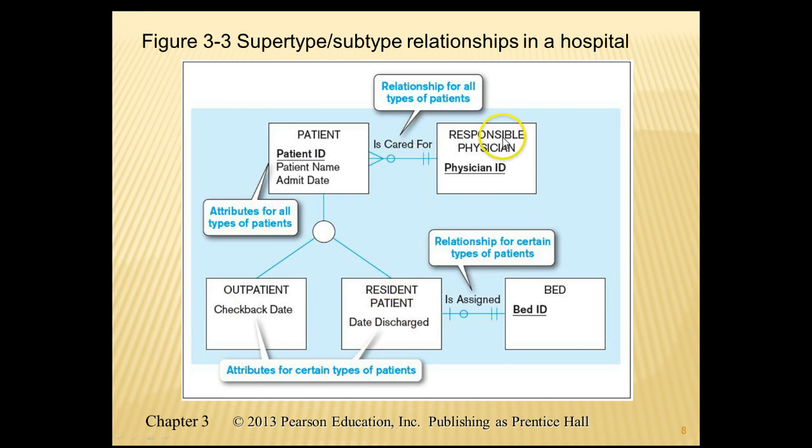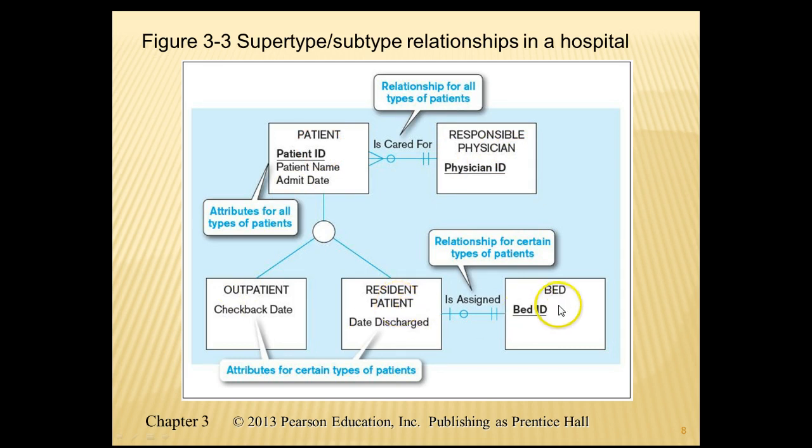So, for instance, you've got an entity called responsible physician that has a relationship with patient, and patient is a supertype of the subtypes outpatient and resident patient. Now, regardless of the type of patient, they're all going to need a physician. So you see that the relationship between responsible physician and patient also applies to outpatient and resident patient.